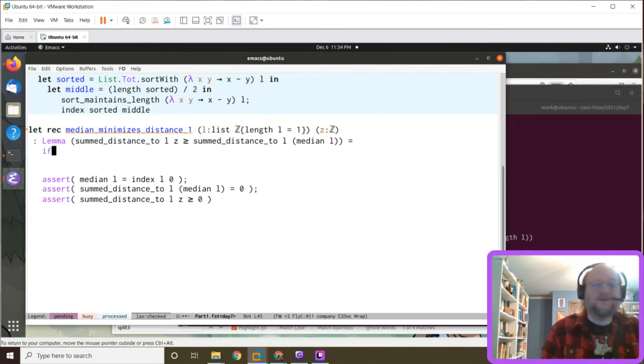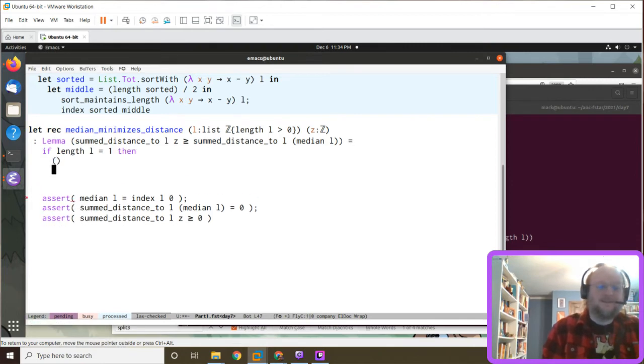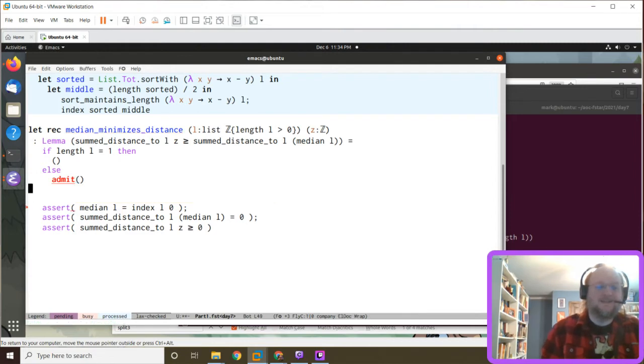All right, so there's our obvious base case. Okay. So can we prove this inductively?